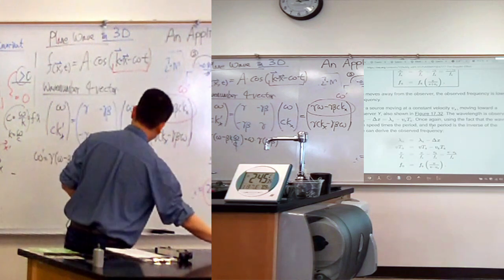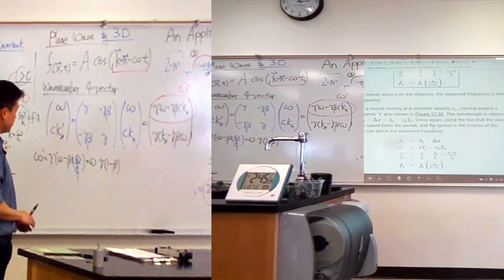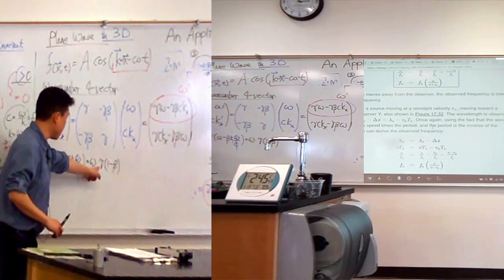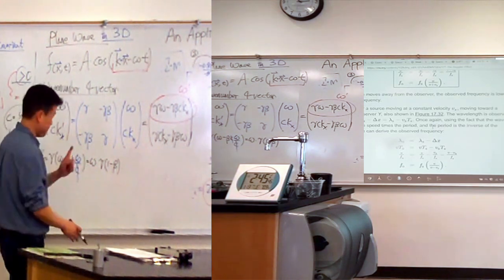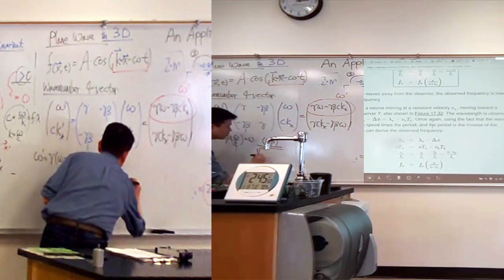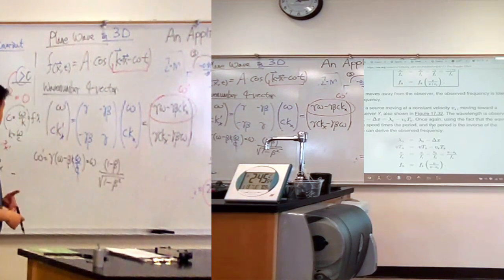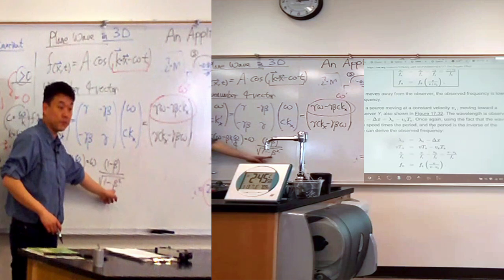So let me do this. I can actually rewrite gamma in terms of beta. Then it's 1 divided by the square root of 1 minus beta squared, right? Let me do one more simplification. I can actually factor 1 minus beta squared.